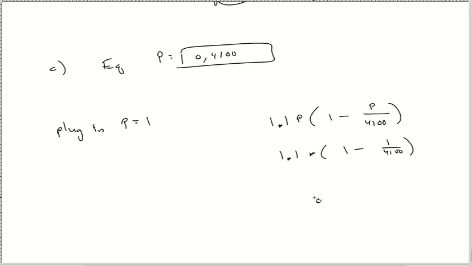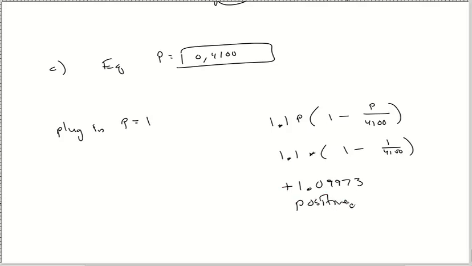I don't have the value of that, so let me type it in my calculator right quick. And I get 1.09973. Cool. I don't care what the number is. It's positive.